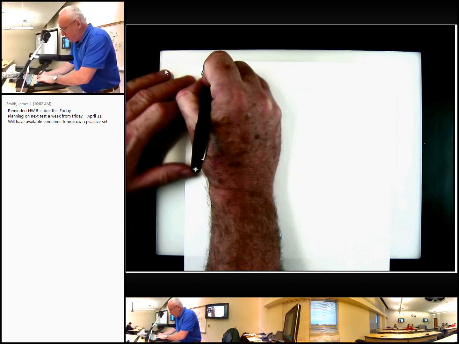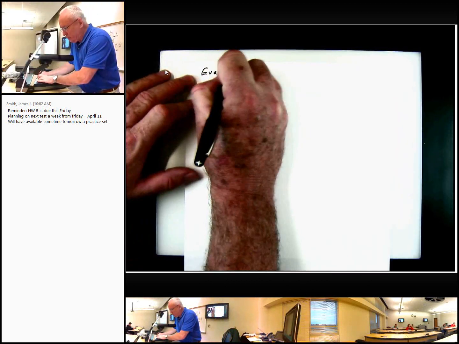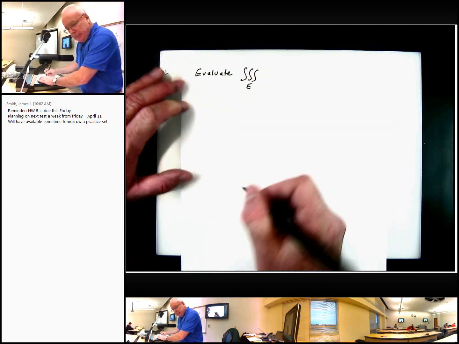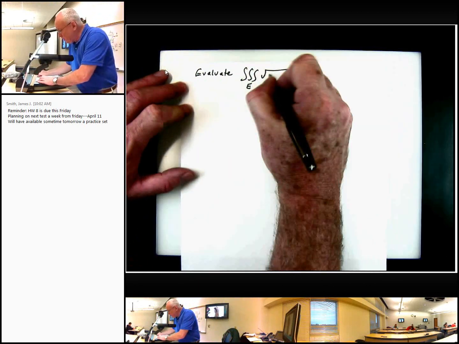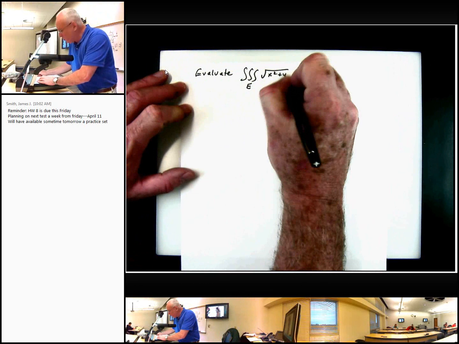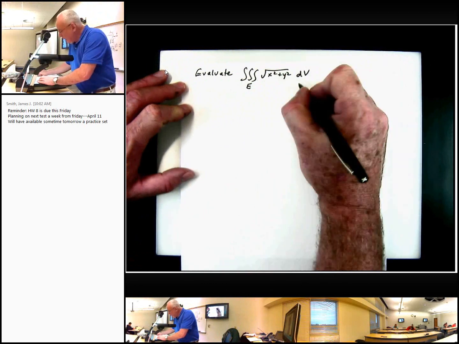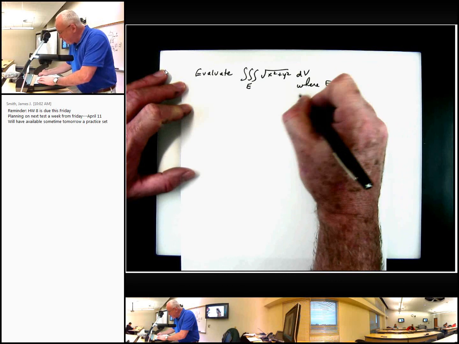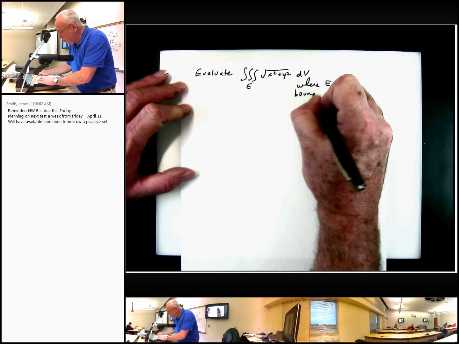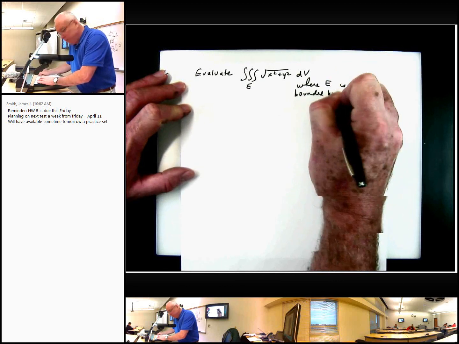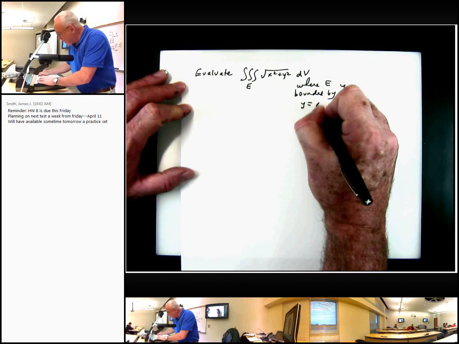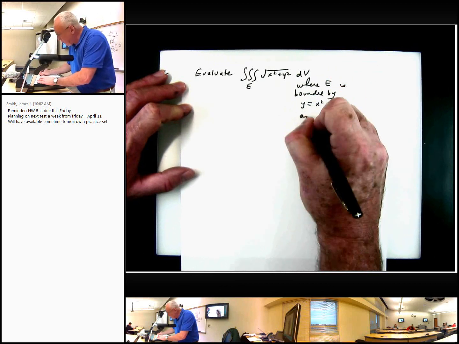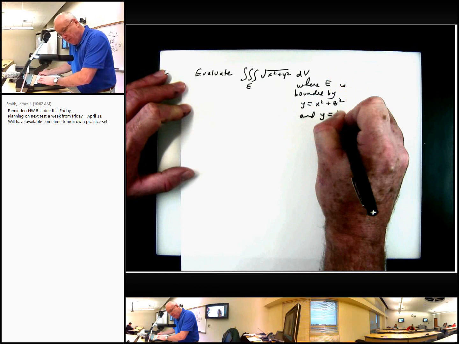So here we have a second one: evaluate the triple integral over some solid E of the square root of x squared plus y squared dV, where E is bounded by y equaling x squared plus z squared and y equaling 4.